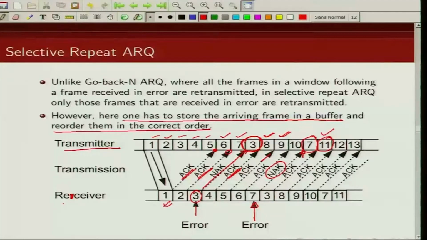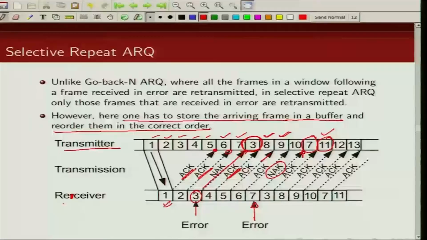So you can see in selective repeat ARQ, we are selectively retransmitting only those packets which are not received correctly. I am receiving packet number 3 here correctly at the receiver. In the meantime, I already received correctly packets 1, 2, 4, 5, 6, 7.